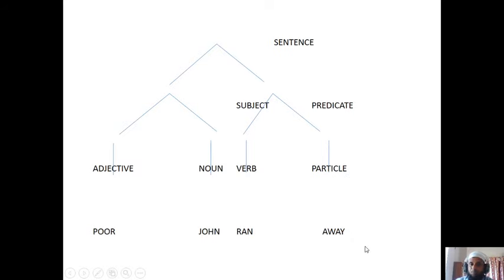So these are the immediate constituents, or you can say these are the ultimate constituents, because after them you cannot break them down, and if you break them down they will lose their meaning.